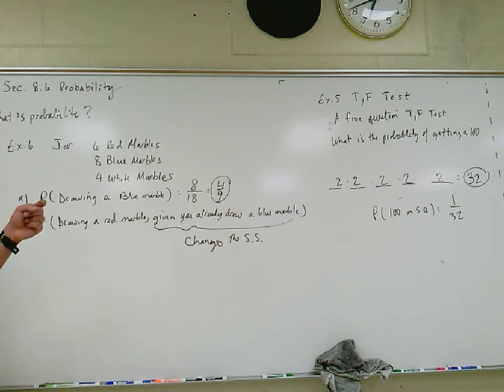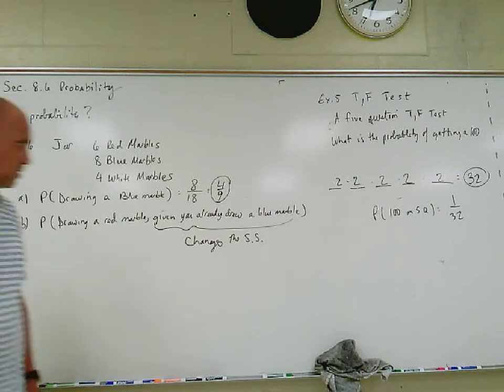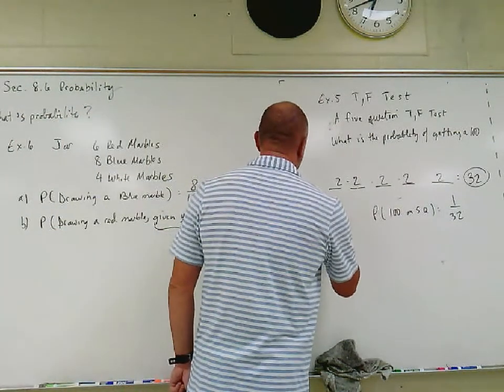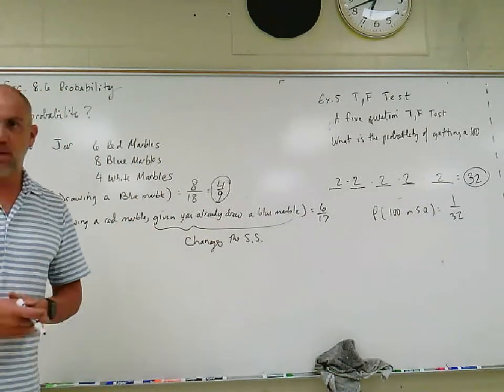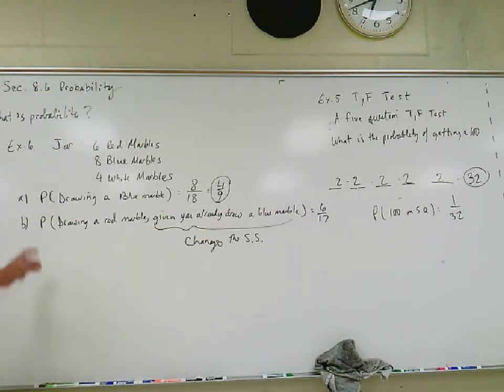There are still 6 red marbles, but it's not 6 out of 18, it's 6 out of 17. So basically your odds go up of getting a red if you've already drawn a blue one.